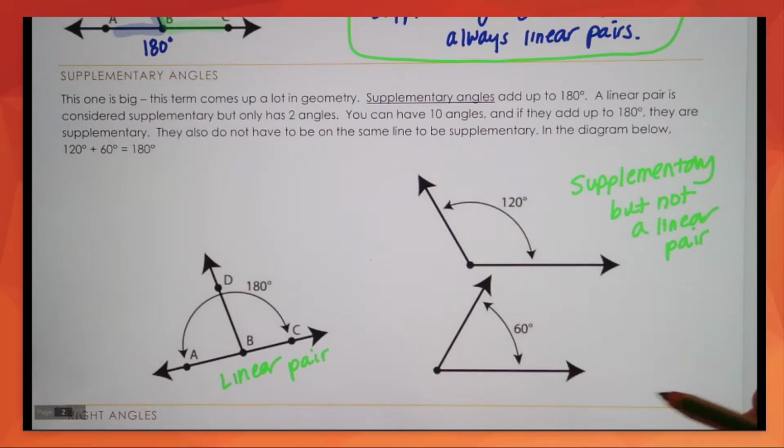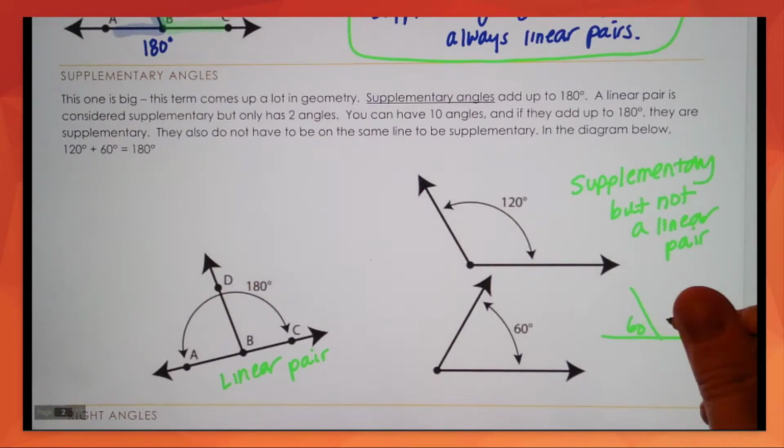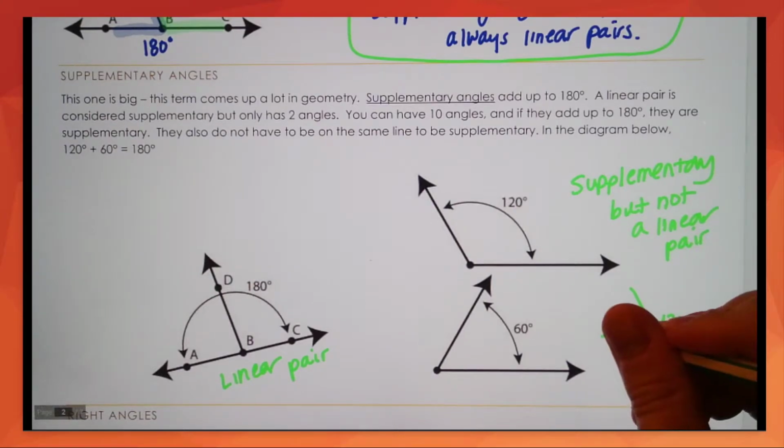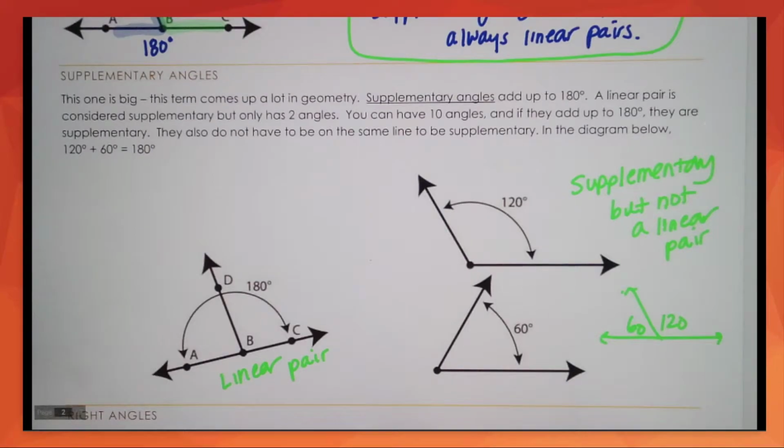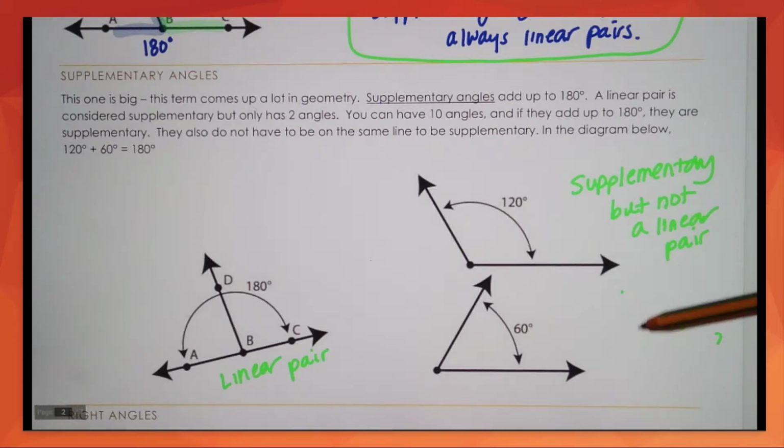If these two were to be put on the same line, let's say you drew it like this, and this one was 60 and this one was 120, this would be supplementary and it would be a linear pair because they're on the same line and they add to 180. But the way that it's drawn here, this is supplementary but not a linear pair, all right?